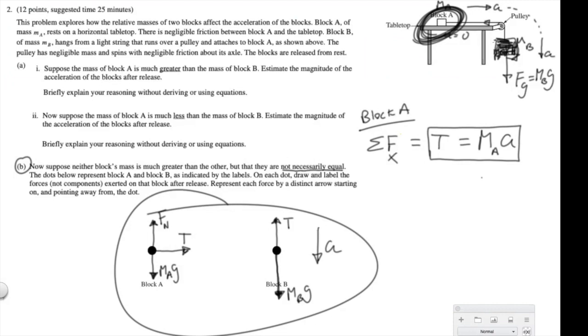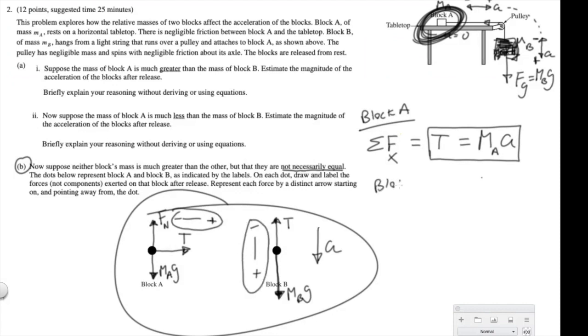So you've got to be consistent with your sign convention. Up here, we're going to say plus, minus, and then over here, we're going to say plus, minus, right? So for block B, our sign convention is going to be down plus, up minus, and then over here it was plus, minus. There's our sign convention.